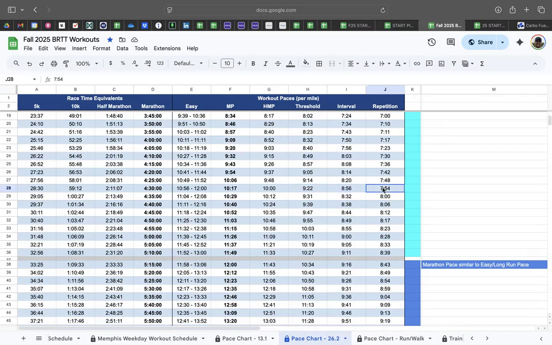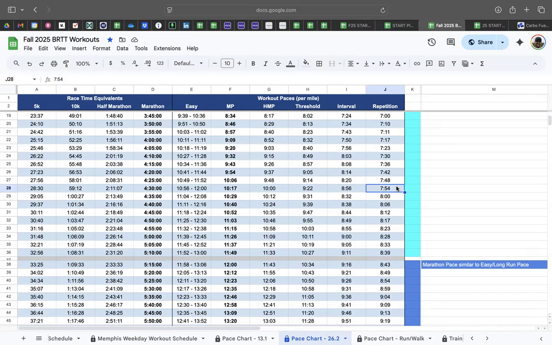Interval pace and repetition pace we don't use particularly frequently in our variety of the training plan that we shared for this. You could incorporate them into half or full marathon training. We just haven't really built them into many of our workouts. There are some fartleks on the training plan that do call for bits of running at these paces, but it's short amounts of running.